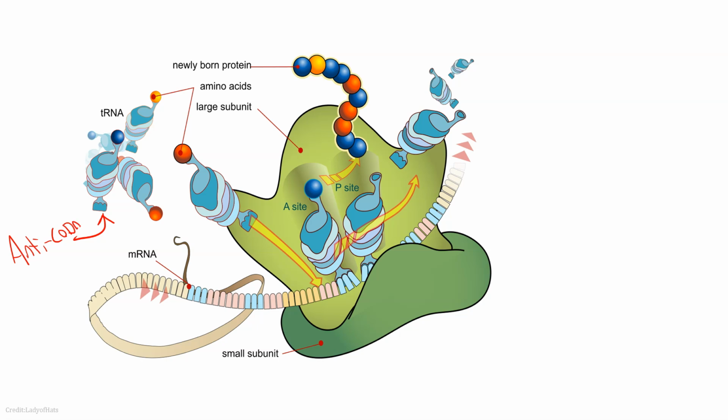And an anticodon will be attracted to and bind to its complementary codon. So for example, if the codon on this particular part of mRNA right here was CGU, the anticodon would be GCA. It would be whatever is complementary to the codon.